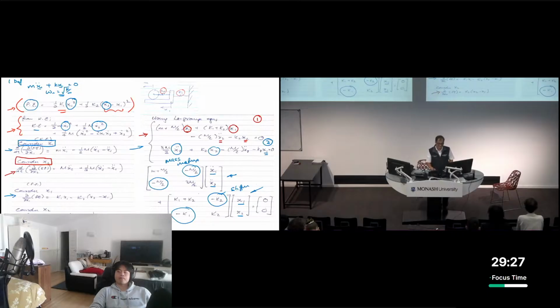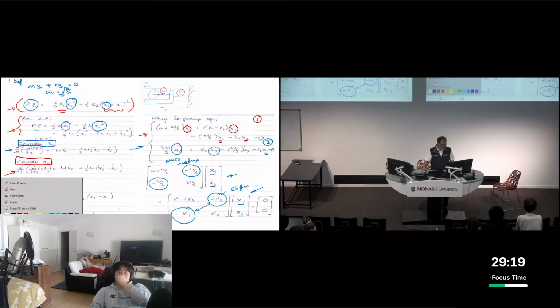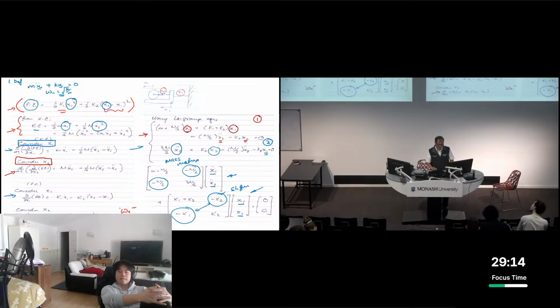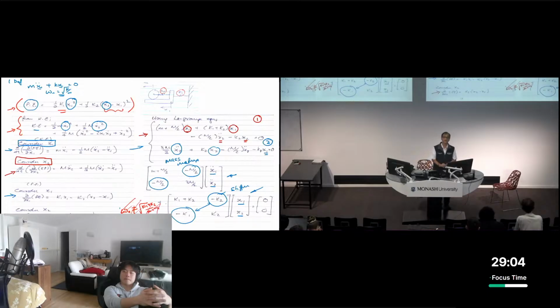Now, in a system of equations like this, because it is coupled, omega n will not be equal to square root of (k1 plus k2) on (m plus m on 2). Please don't do that. Okay?